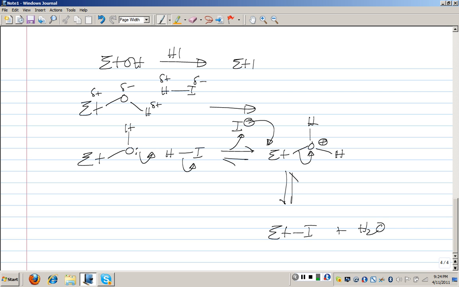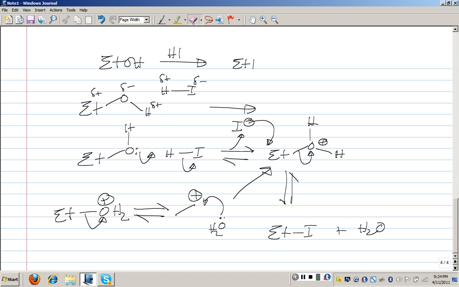There's a point I want to make here, which is that I could look at the option of the water simply coming off of the oxonium ion, like so, and giving rise to an ethyl cation, which will look like this. And then I can imagine water acting as a nucleophile, attacking this species to give rise to that entity.